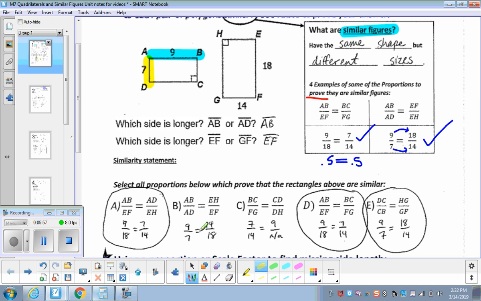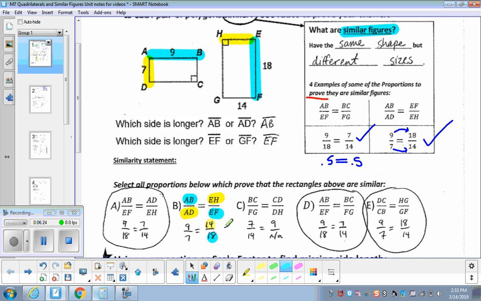If B was an answer, we're looking for top to side, top to side. Let me make that blue real quick. That was the top, and this was the side. So instead, EH is the yellow side right there, which would be 14, and EF is the blue side, and now it's here. You guys can see that the yellow and the blue switch spots.